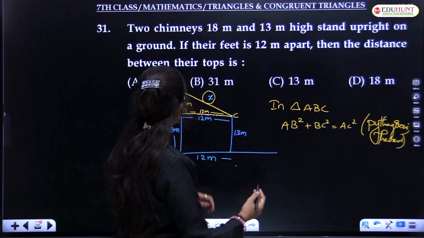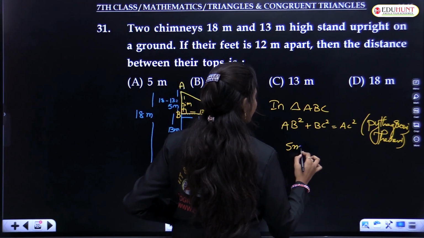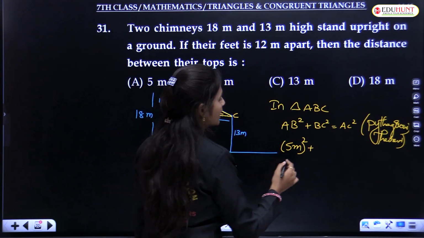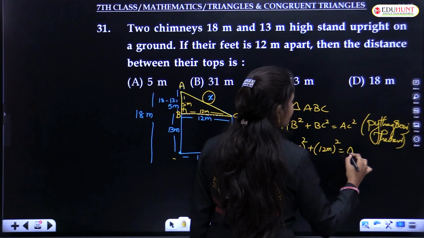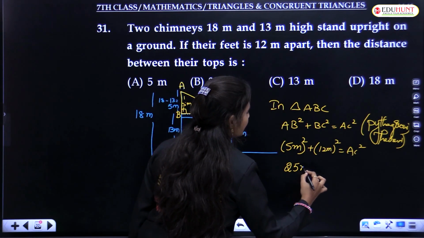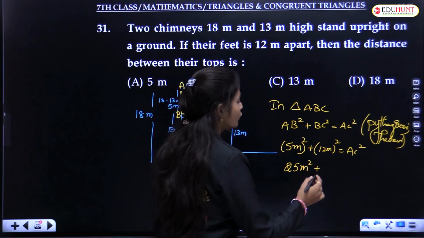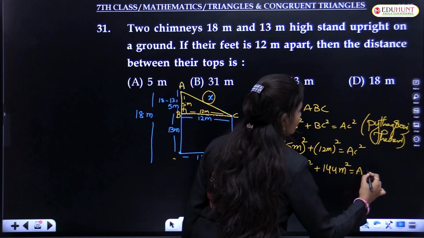Now AB is 5 meters, so 5 meters whole square, plus BC which is 12 meters, so 12 meters whole square, is equal to AC square. 5 meters whole square means 25 meters square, plus 12 times 12 is 144 meters square, which is equal to AC square.